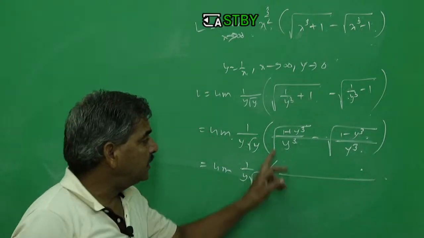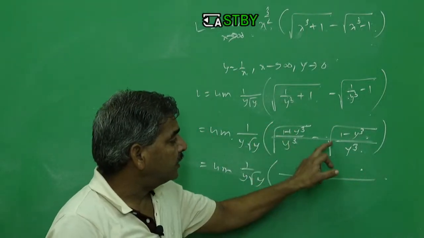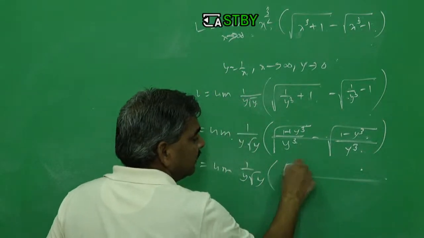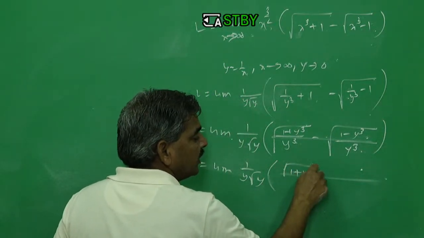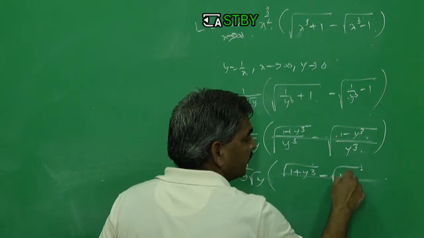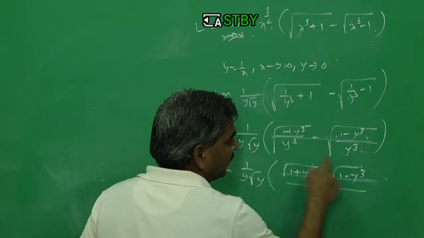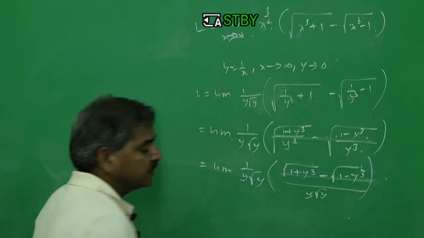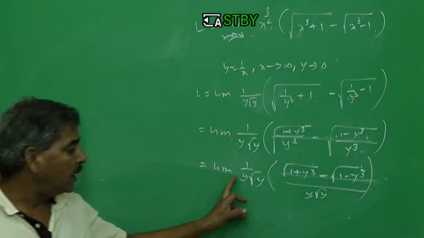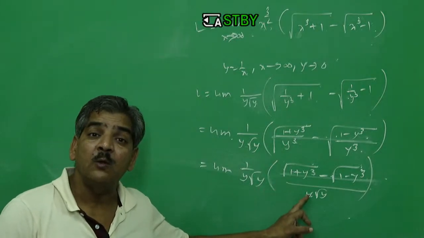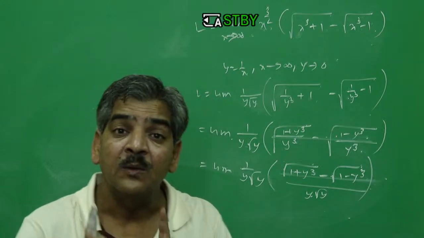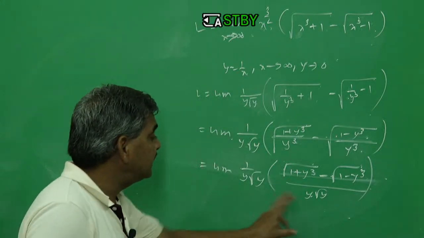If I separate this square root for numerator, for denominator, in both the quantity become root of 1 plus y cube minus root of 1 minus y cube whole upon denominator is y root y. It's correct. Now y into y, that is equal to y square, root y into root y, that is y. So total quantity is y cube.